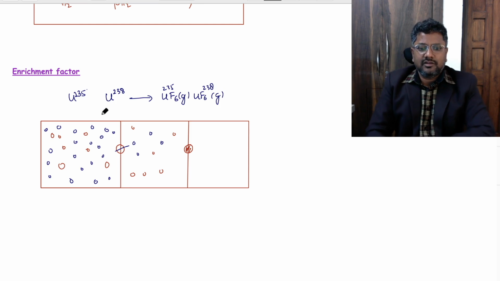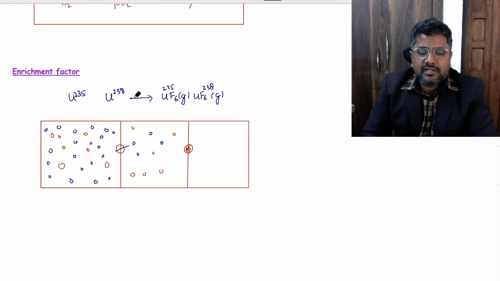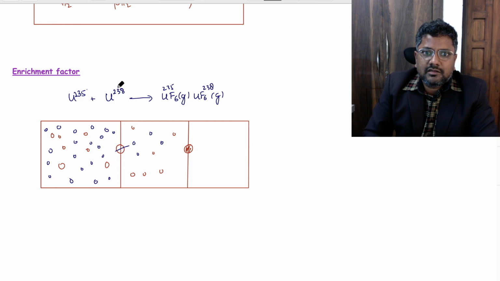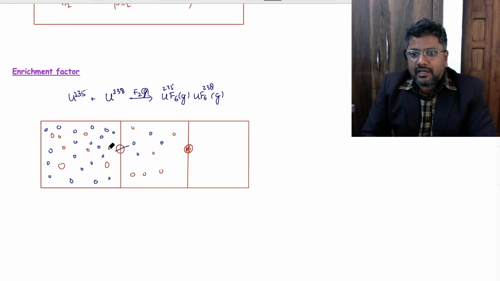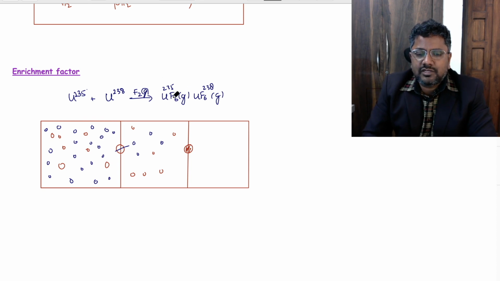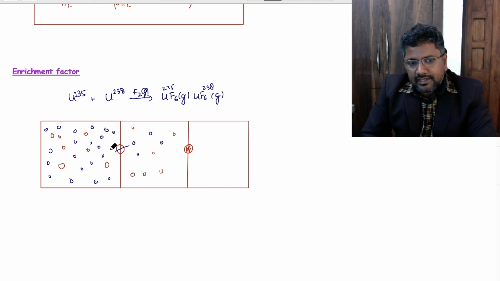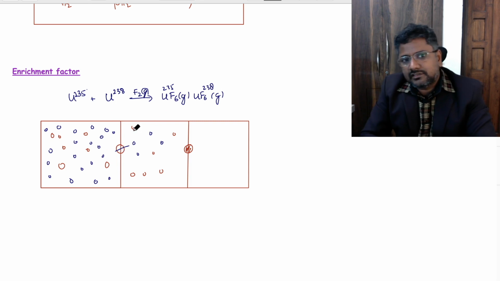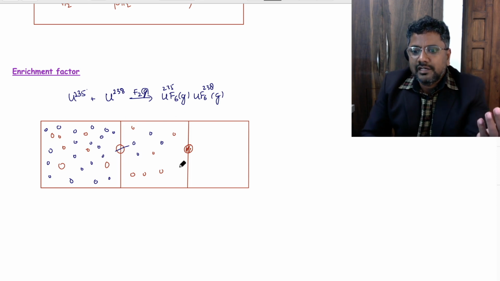So we convert the uranium into gas on reaction with fluorine gas, and apply this Graham's law many times. UF6 235 has the lower molar mass, this one has the higher molar mass. So in the first slot, when you open the opening, a little bit more molecules of UF6 235 will come out, because this is lighter and lighter gas has more rate of effusion.